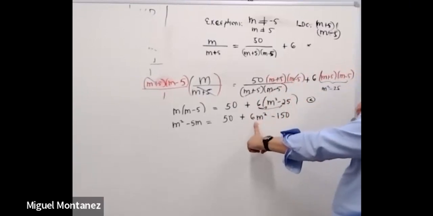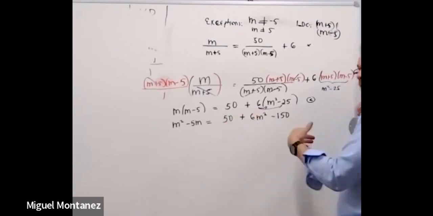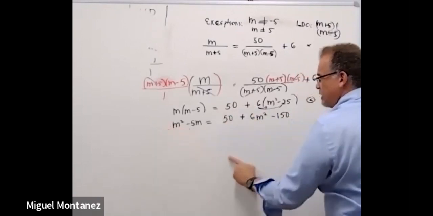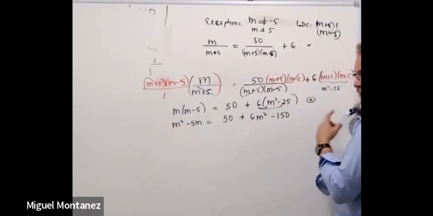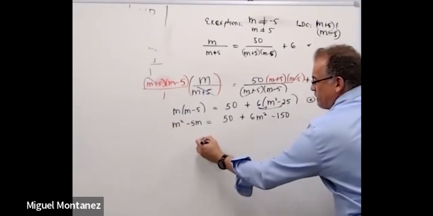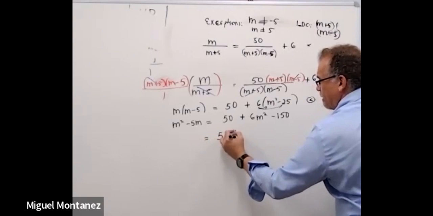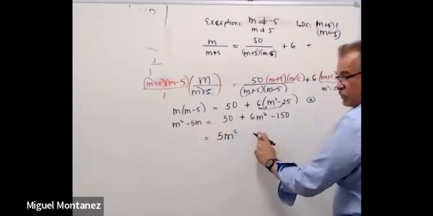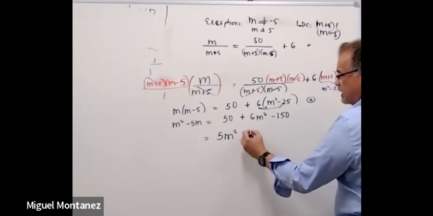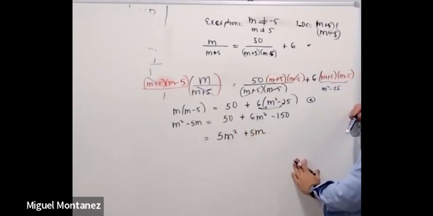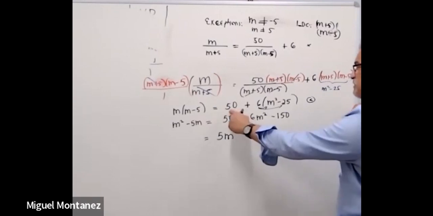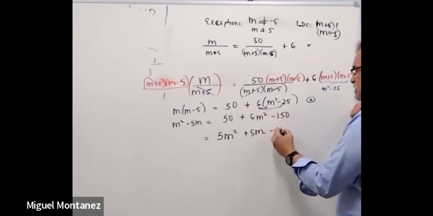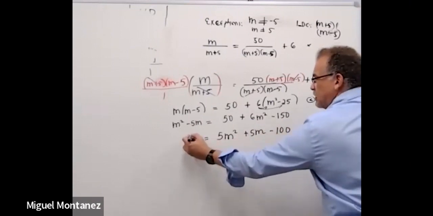I prefer my lead coefficient to be positive, so I'm going to move everything to the right. So 6 minus 1 gives 5m squared. Then I have negative 5m; when I move it to the right, it will be plus 5m. And then 50 minus 150 will be minus 100, equals 0.